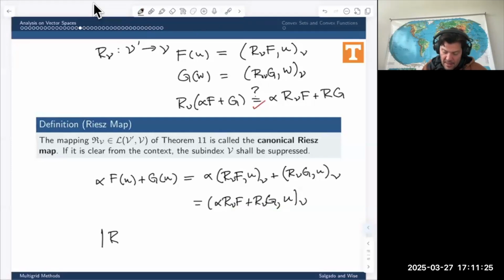I need to show that R_v of some, actually any f, is less than some constant times, so let me think about this. That's taking that. Right? I have to show that.